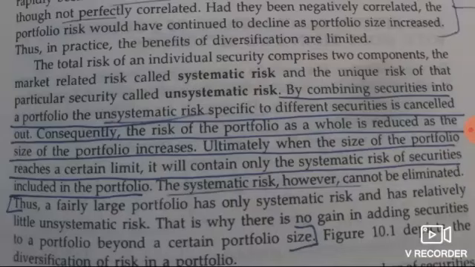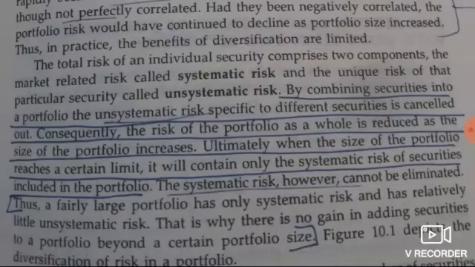By combining securities into a portfolio, the unsystematic risk specific to different securities is cancelled out. Consequently, the risk of the portfolio as a whole is reduced as the size of the portfolio increases. Ultimately, when the size of the portfolio reaches a certain limit, it will contain only the systematic risk of the securities included in the portfolio. This systematic risk, however, cannot be eliminated.